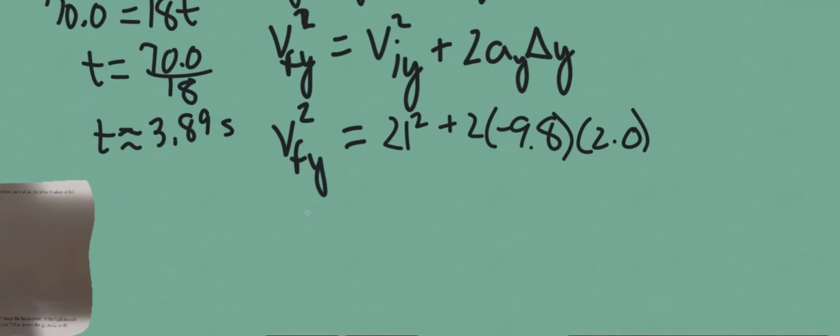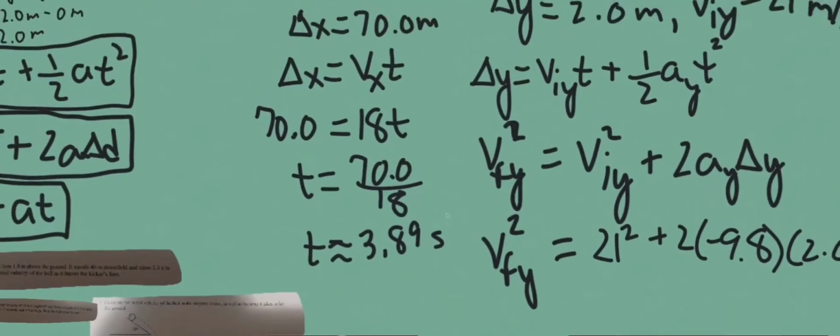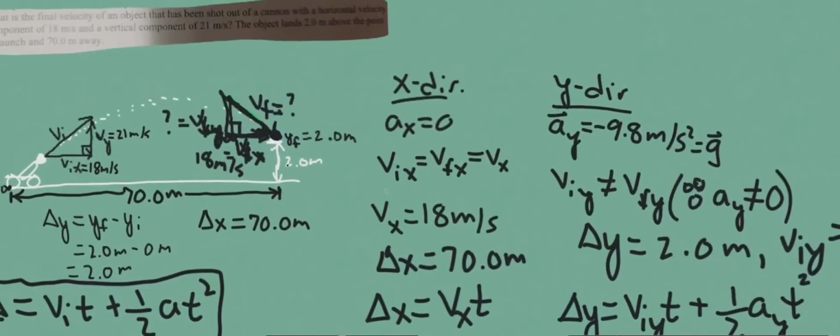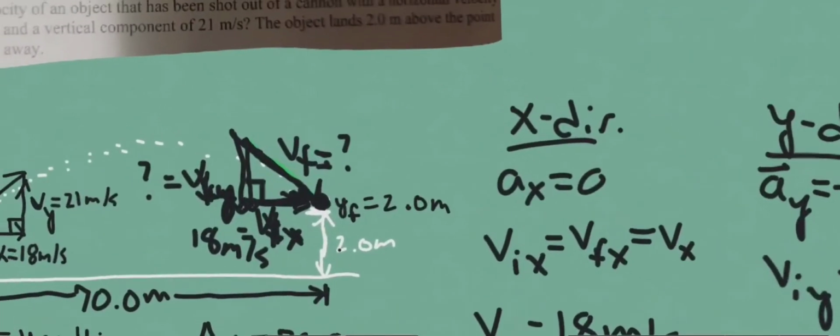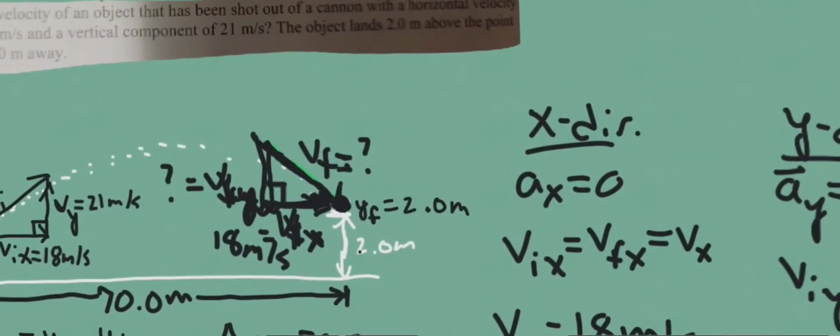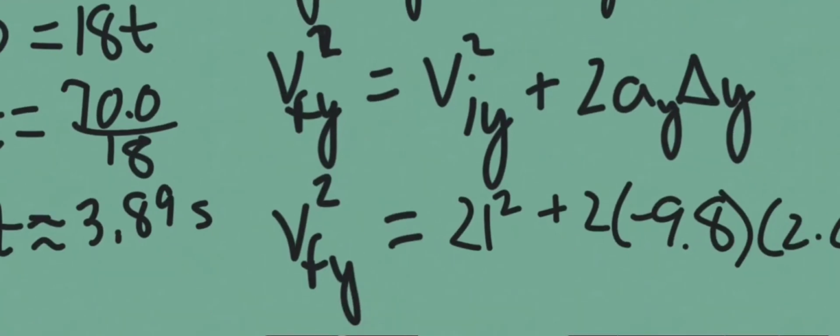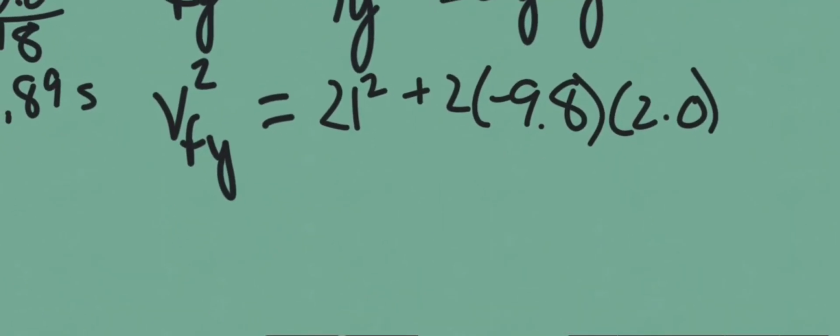Now, when we solve, because we are dealing with vectors, even though I'm not writing arrows, as I said a million times now. So keep in mind, we should get a negative answer for VFY. Well, we're taking the square root, so right now we're just finding the magnitude, but the direction is downwards. Do you see? However, when we solve for it, we should get the positive value because we're going to be taking the square root.